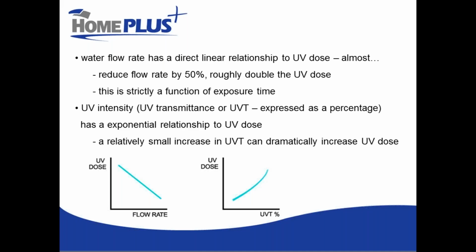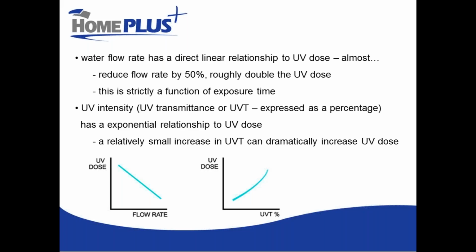Typically, there's a little bit less mixing at a low flow rate. Without perfect mixing, your linear relationship is lost very slightly. But from a general understanding point of view, think of it as if I reduce my flow rate by 50%, I will double my UV dose.